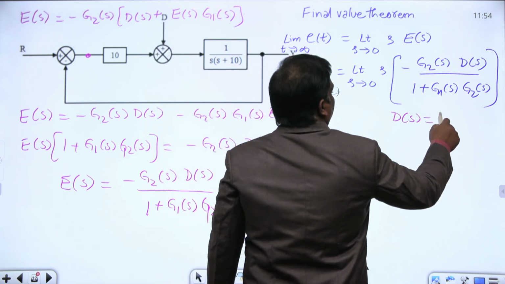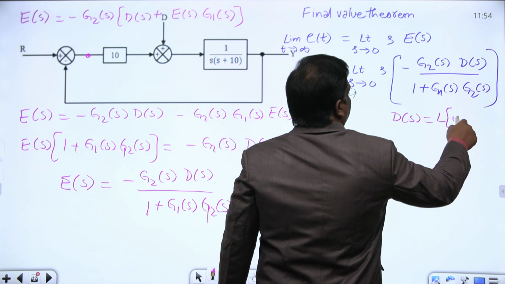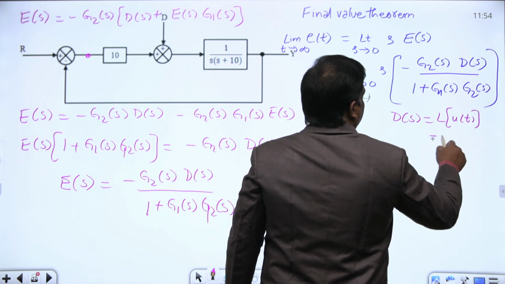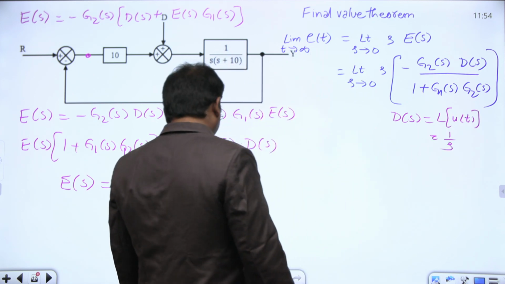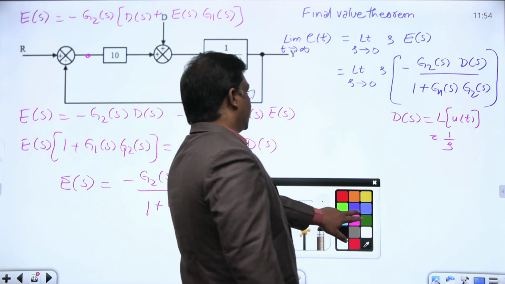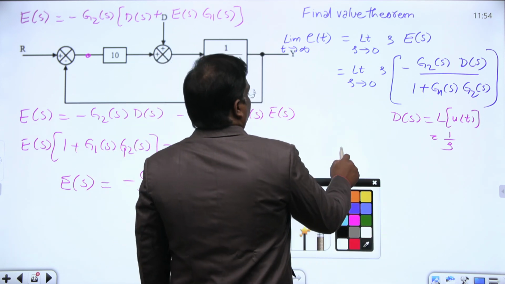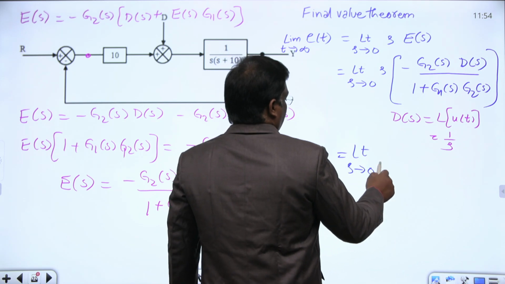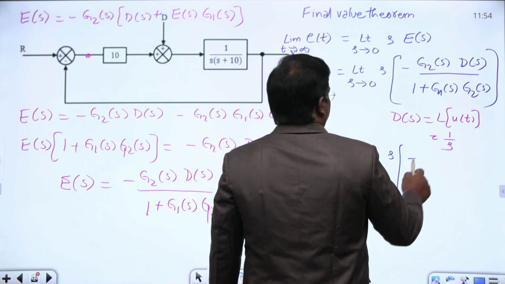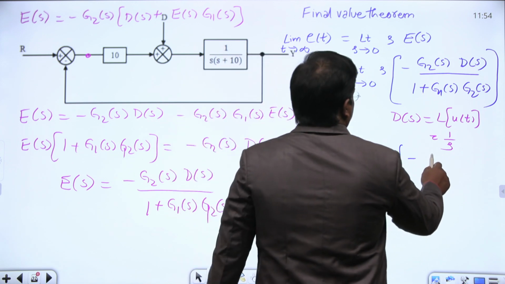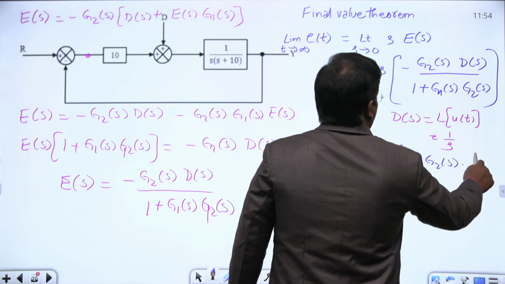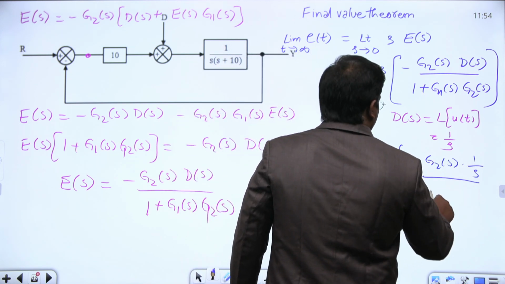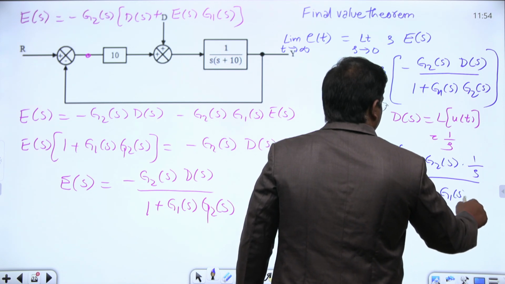What is the Laplace transform of u of t? It is 1 by s. Therefore, this is the limit as s tends to 0 of s into minus G2 of s into 1 by s, divided by 1 plus G1 of s, G2 of s.